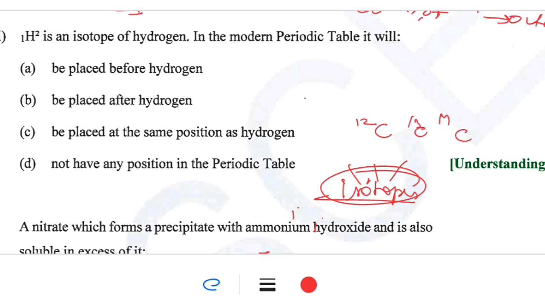It doesn't mean that we are giving a separate place for all of these. They have the same place because we are arranging elements according to atomic number, not according to mass number. So even this isotope of hydrogen has the same atomic number, that is 1. So it is going to be placed at the same position as hydrogen.